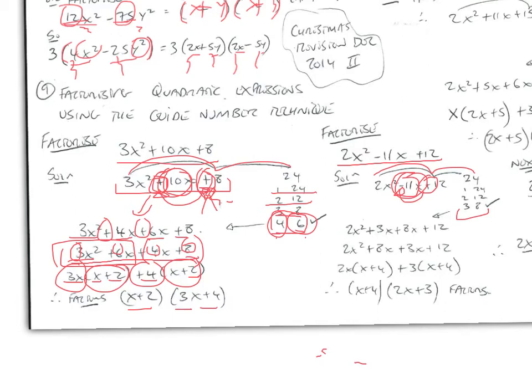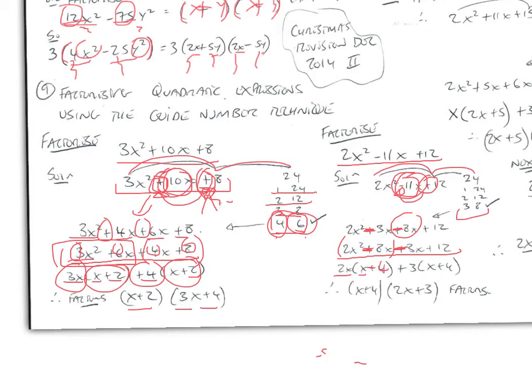So I write out this as 2x squared, sorry, that should be minus 3x minus 8x plus 12. So that gives me, and I'll bring this minus 8x over here, so that should be 2x squared minus 8x minus 3x plus 12. So I can try and factorise these two by taking out the 2x, and 2x goes into 2x squared x times, and 2x into minus 8x goes minus 4.